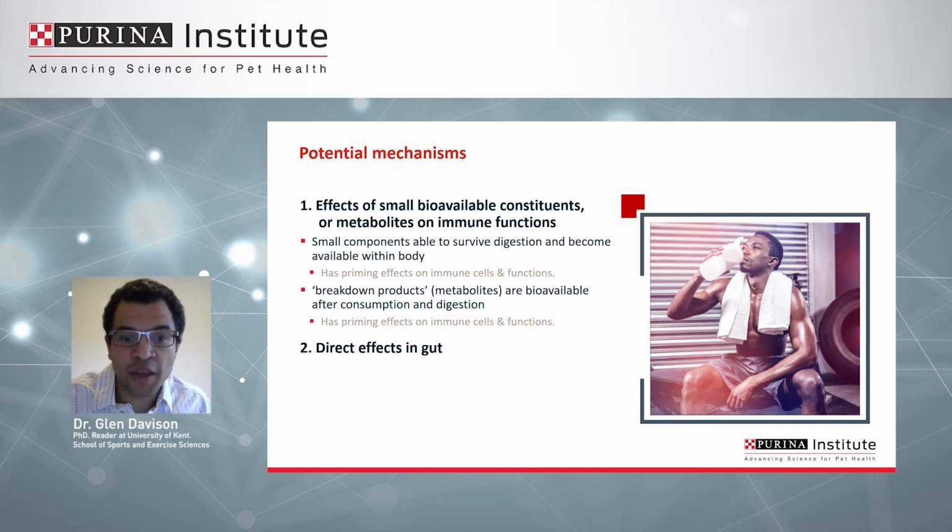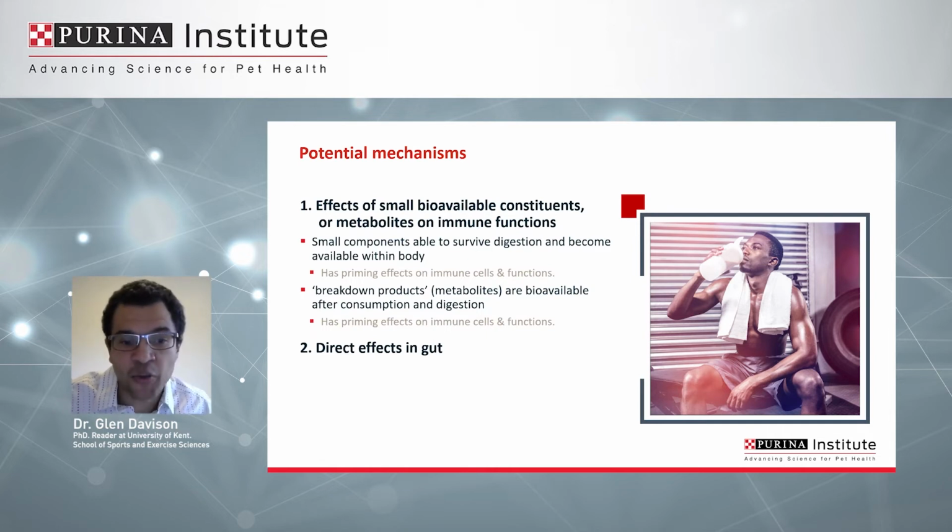And regardless of whether it is these smaller products that are already there or breakdown metabolites, it is likely that when they do get into the body, they then start having biological effects. If we're talking about immune function and defense mechanisms, this would primarily be things like priming and activating the immune cells, basically enhancing their functioning and therefore strengthening the immune defenses.